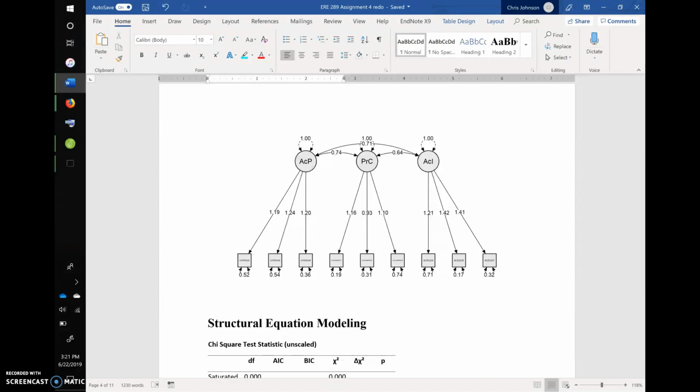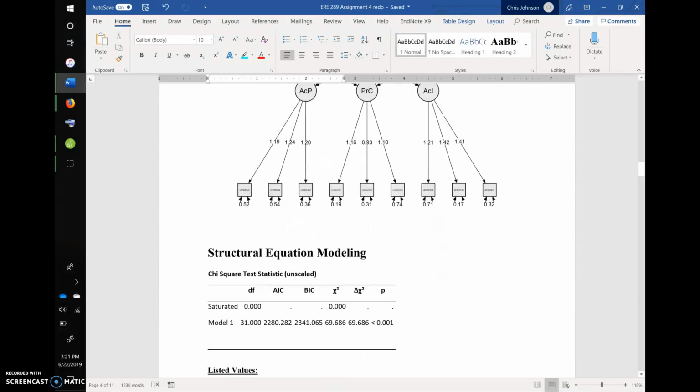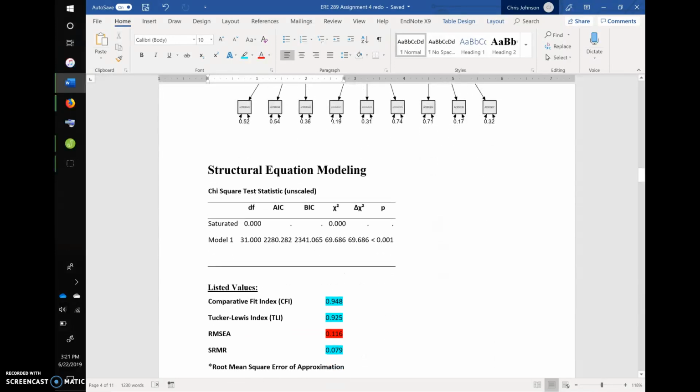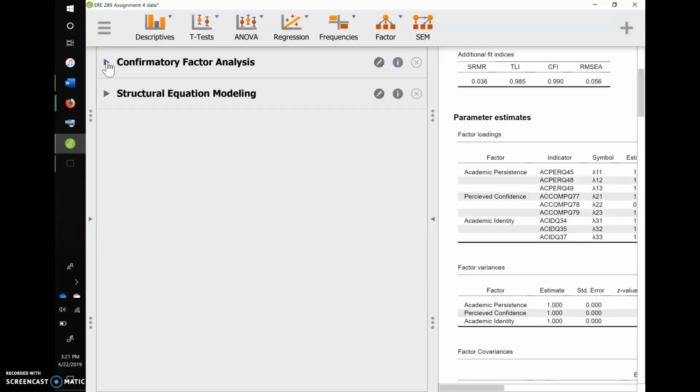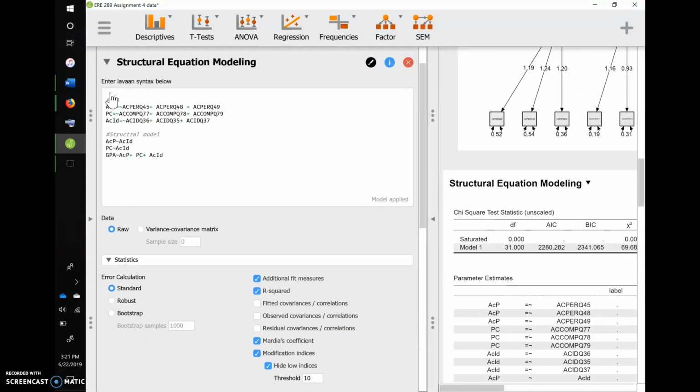0.74 between academic persistence and perceived competence, 0.64 between perceived competence and academic identity, and 0.71 between academic persistence and academic identity. When we move down to the structural equation model, here is the syntax that I used.